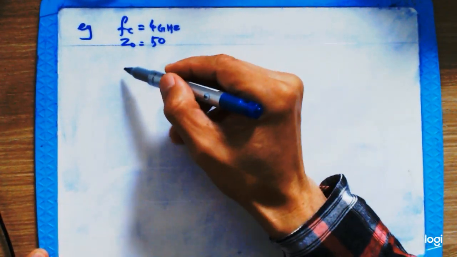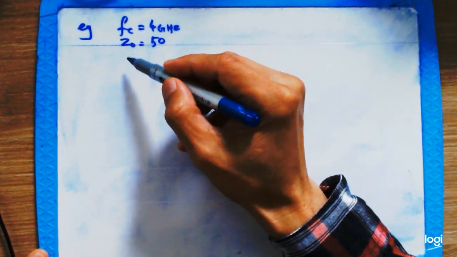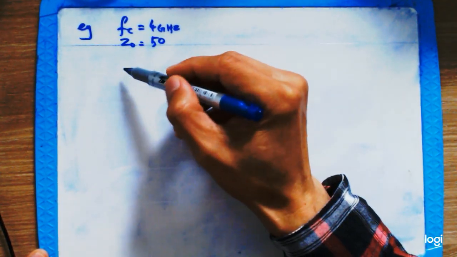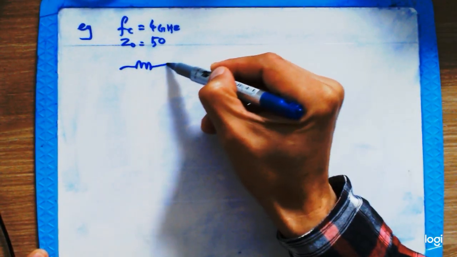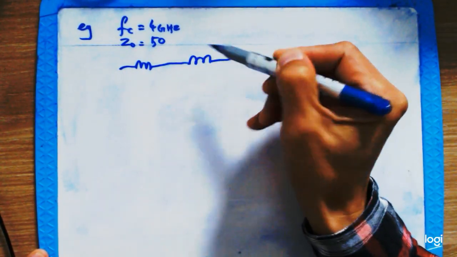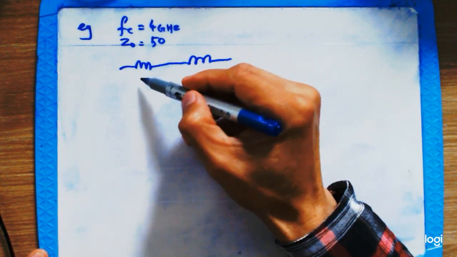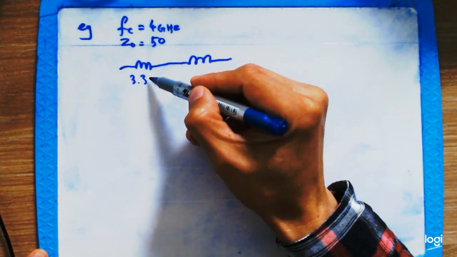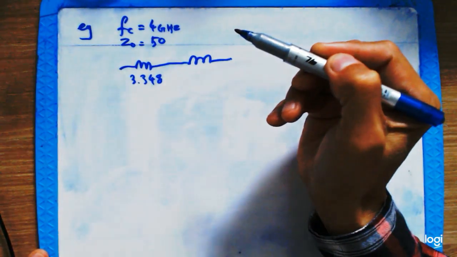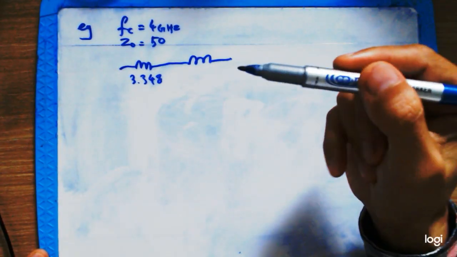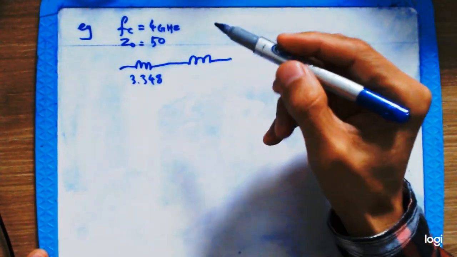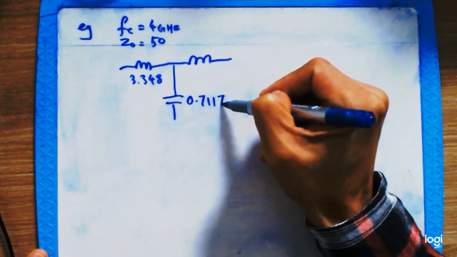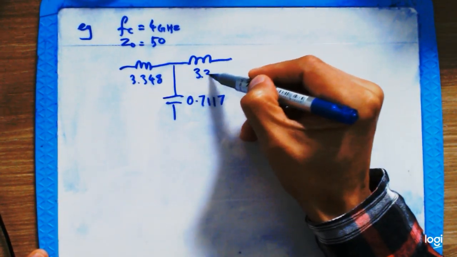Depending on the requirement on the roll off, suppose the design is just right here. The values have been given, say this one is 3.3, this is Butterworth, and the capacitance here is 0.7117, and here is 3.348.